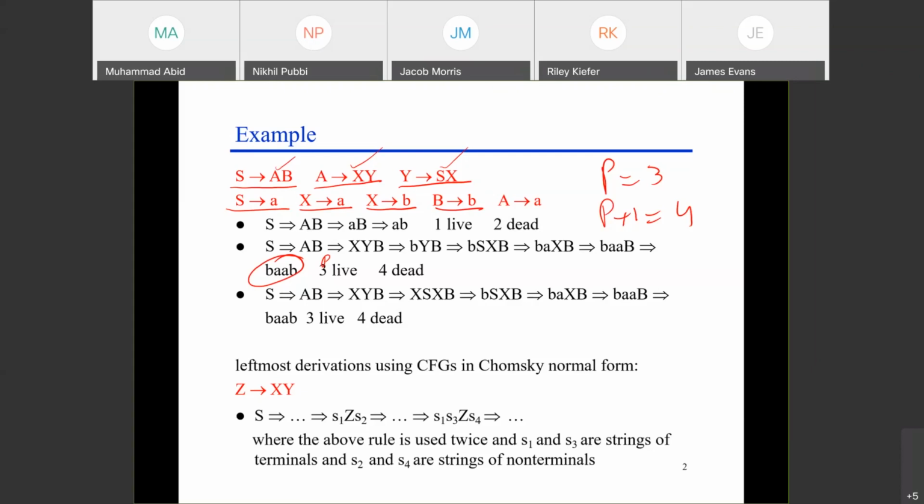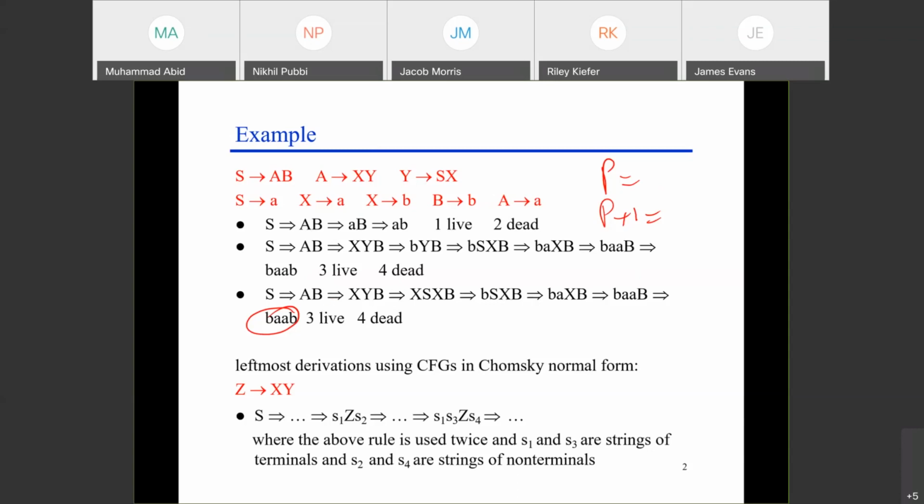Now look at this one. Same way, you have another example where S can be replaced by, and you want to generate this word BAAB. It's the same word, but by another way of derivation. You use that and you have 3 live productions here also, and it is again P plus 1.